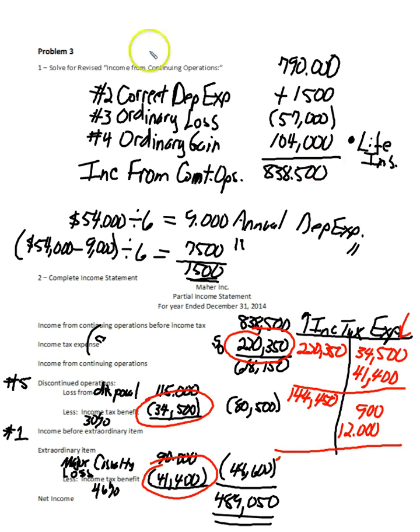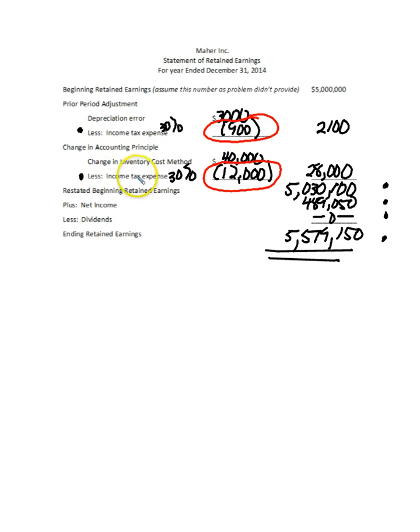Let's go back. This is an income tax expense of $900 because we have a gain, two gains. So we have income tax expense of $900, income tax expense of $12,000. I'm sorry, I said that wrong because this is a gain and that is a gain. So those both increased earnings. I'm sorry, I did mistake that earlier.